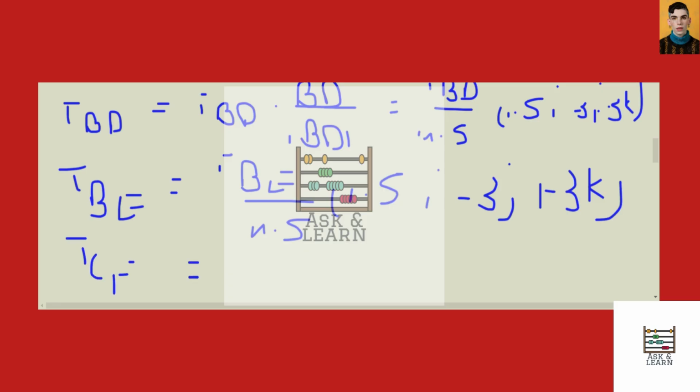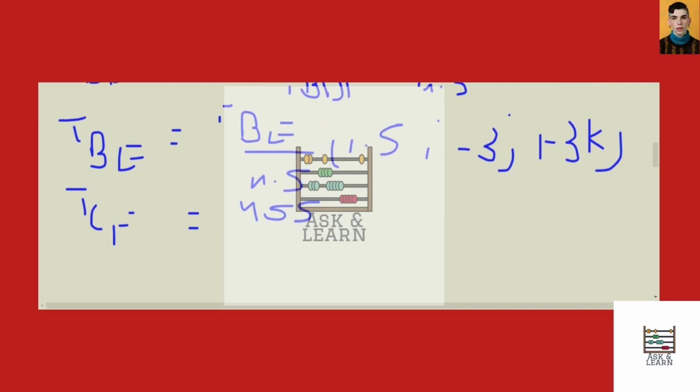So TCF is equal to TCF, which is 455 already given, divided by magnitude of CF, which is 6.5, and the line CF is minus 1.5I minus 6J plus 2K.